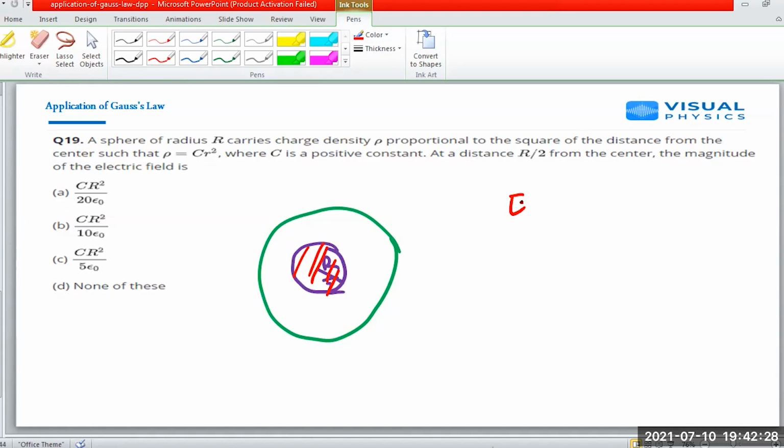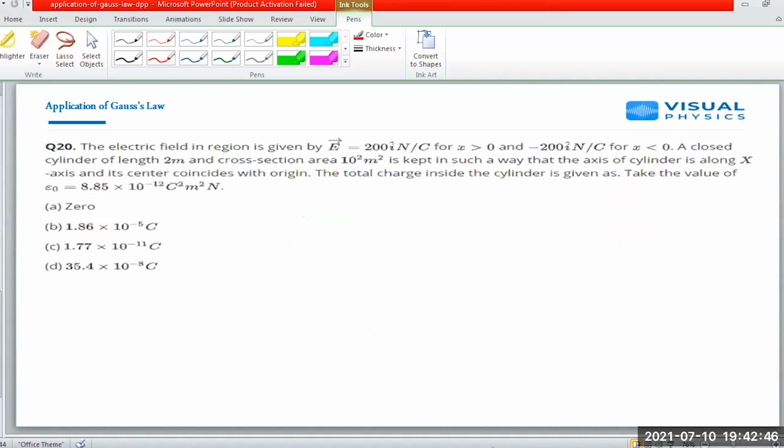My answer will be C R cube. But if I see no R cube is given, so for that reason I'll take option number D, 9 by 40 epsilon naught. On solving, you can easily solve on your own, just like previous questions we have done ample number of times.